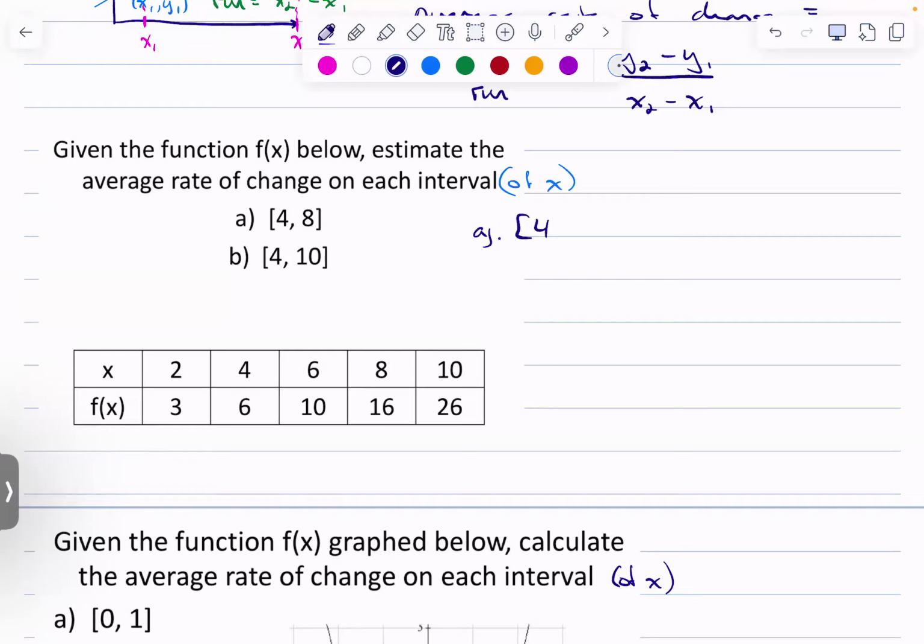On the interval of 4 to 8, square brackets because it's inclusive of 4 and 8. Otherwise, we wouldn't know what to do. But then the average rate of change is, well, let's start with y2 minus y1 over x2 minus x1.